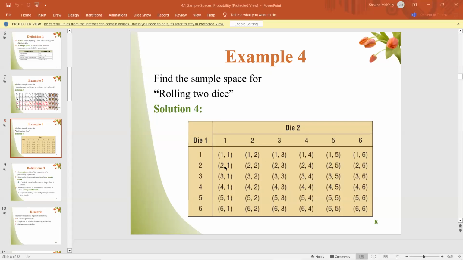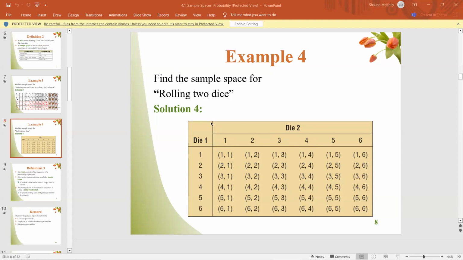There it is. All right, so here's your sample space for 2 dice. Couple of things to point out here. The numbers on the first die, 1 through 6, the numbers on the second die, 1 through 6. There are a total of 36 possible outcomes here, because these numbers can repeat in a different order.